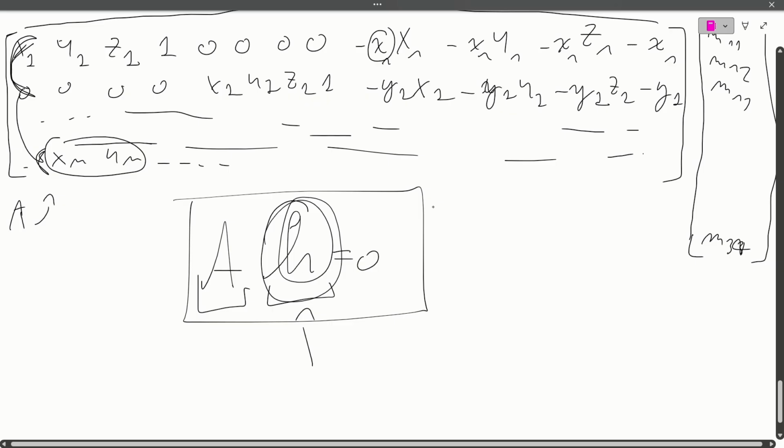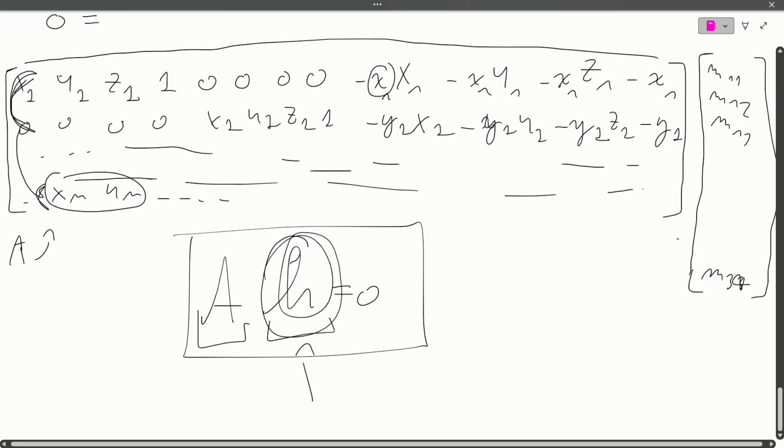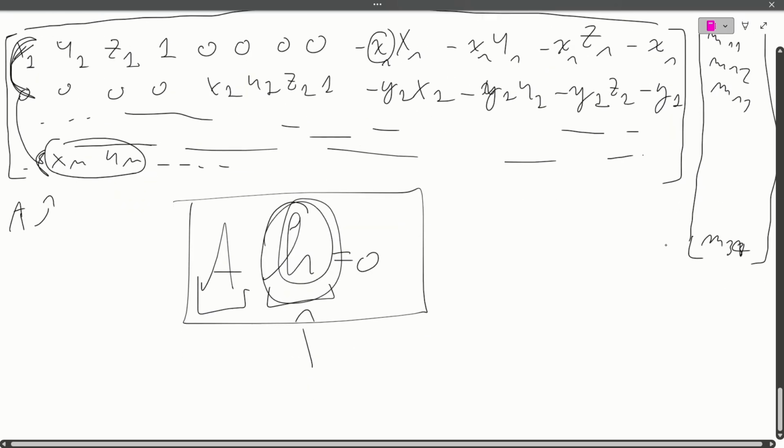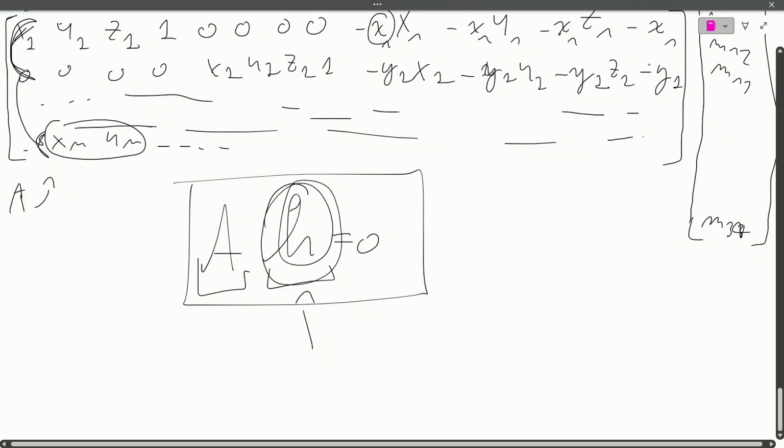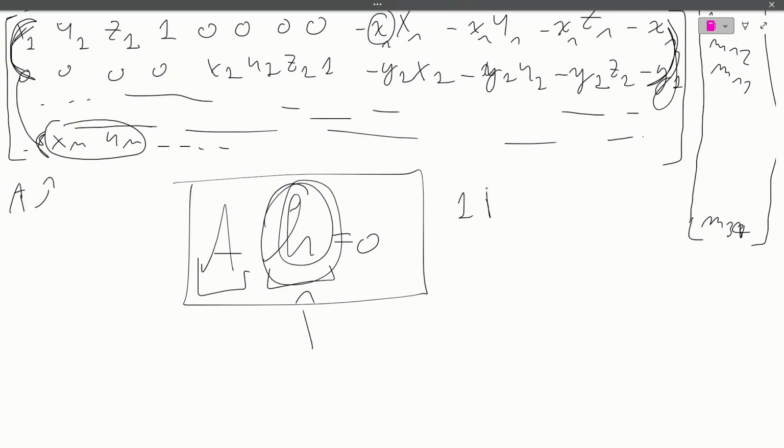h is composed of 12 entries, and as we have said here, one point gives us 2 equations.